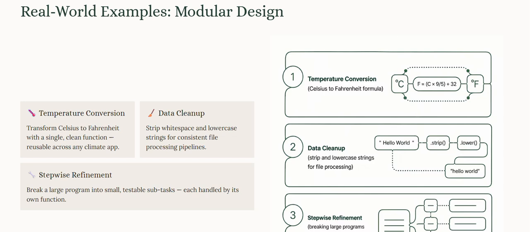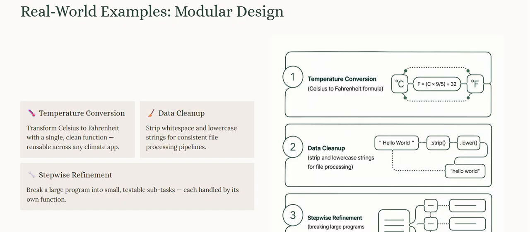Okay. Data cleanup: strip white spaces and lowercase strings for consistent file processing pipelines. Stepwise refinement: break a large program into small, testable subtasks, each handled by its own function. So when you make all these functions, you just break them down into small blocks that will make it easy.